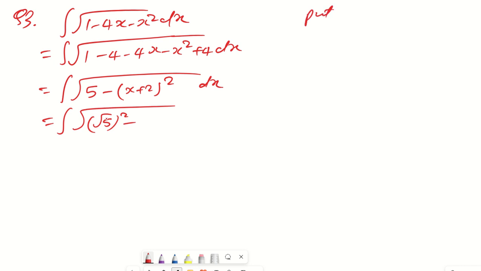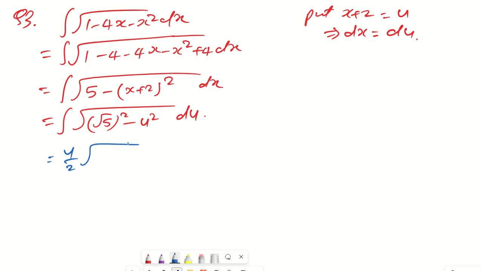So let us put x plus 2 is equal to, let us say, u, then my dx will be du. So can we put x plus 2 is equal to u? So we can write it down here as u square du. Okay. So it is of the form a square minus x square, and you know already that the integration of square root of a square minus x square was what? x by 2, so I can write that down, x by 2, or here it is u, so u by 2 square root of a square, that is going to be how much?